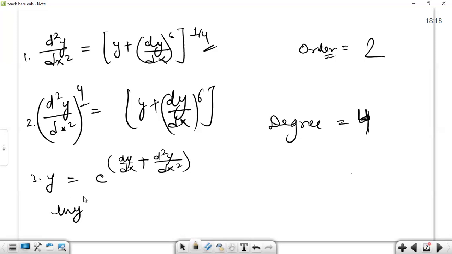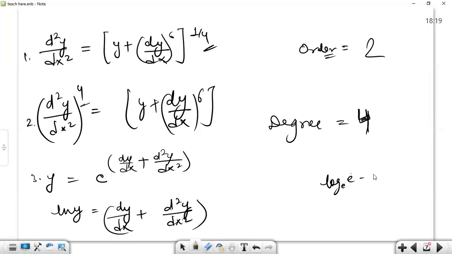This is a natural log. So this will become, if this is a logarithm of e raised to something, the power will come down: dy/dx plus d²y/dx² into logarithm of e, which will basically become 1.